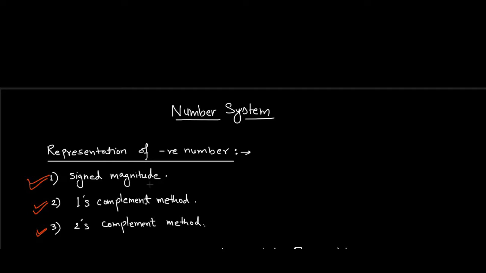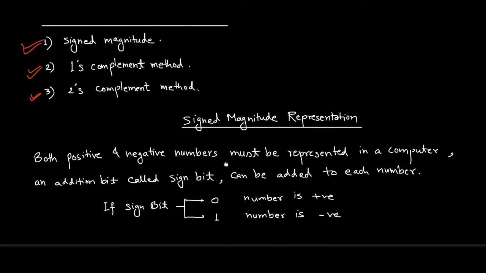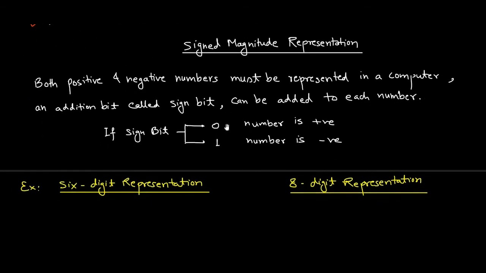So first we talk about signed magnitude method. In signed magnitude method or representation, both the positive and negative numbers must be represented in a computer. Here we add a bit, that is called a sign bit.